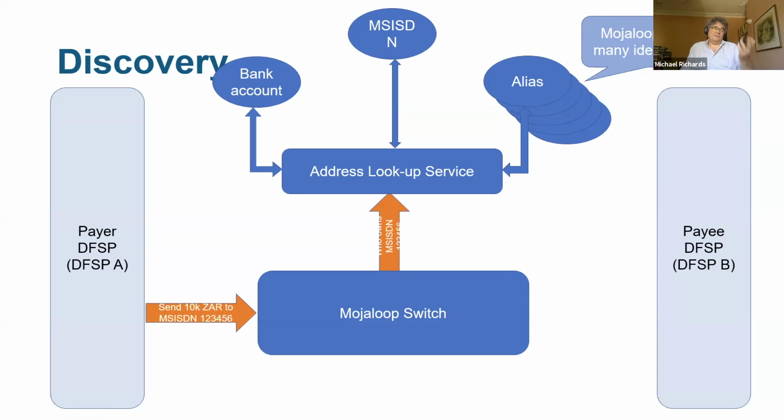So, for instance, if we look at something like a phone number, if a Mojaloop scheme is implemented in a market that doesn't support mobile number portability, and I think there may still be markets like that, then you can tell who owns a particular phone number just by the range that it's in, because numbers are allocated by the Telecommunications Authority in blocks.